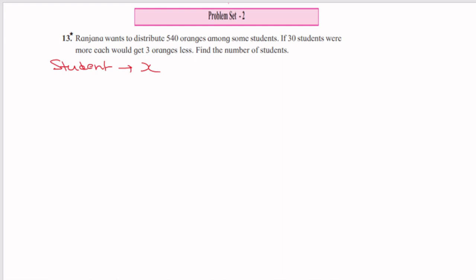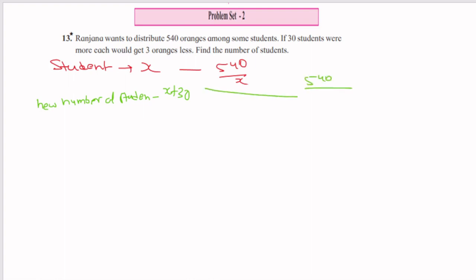So initially the distribution was like this, 540 distributed within x students. Now they said the number of students increases by 30, so the new number is x plus 30. Now those 540 oranges will be distributed among x plus 30 students. Now what is the last condition?